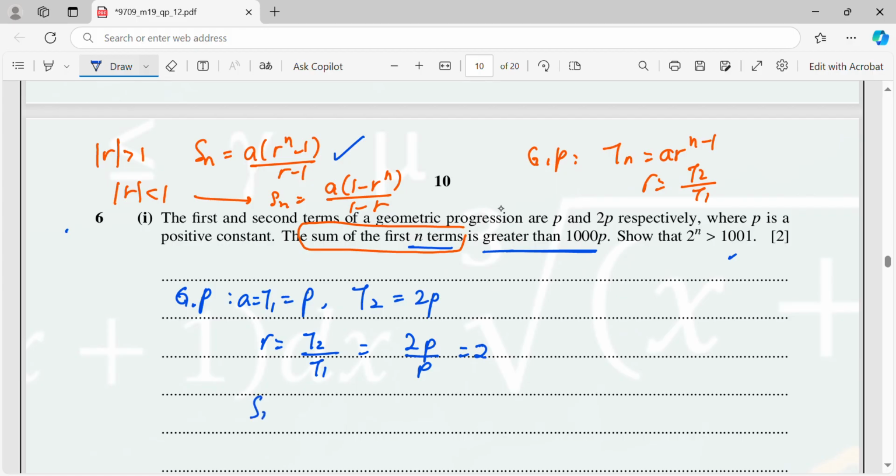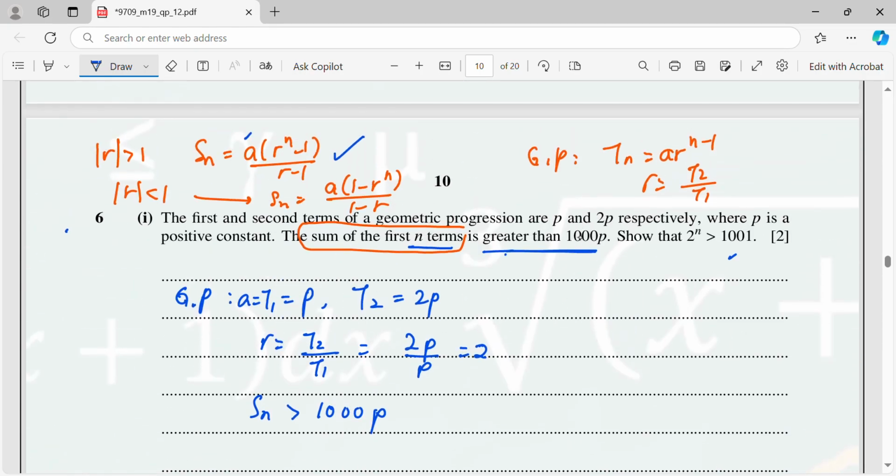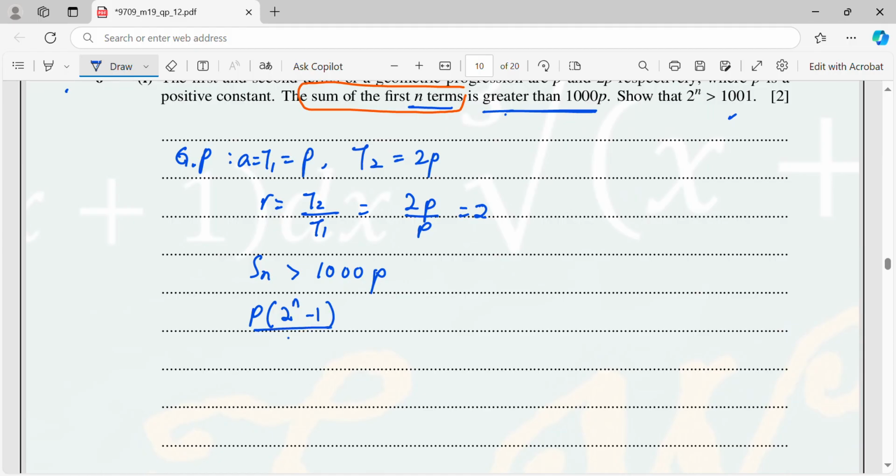So now Sn is greater than 1000p, as given in the question. That means A is p, so p bracket 2^n minus 1 over 2 minus 1, which is greater than 1000p. From here, the denominator is basically 1, 2 minus 1 is 1.